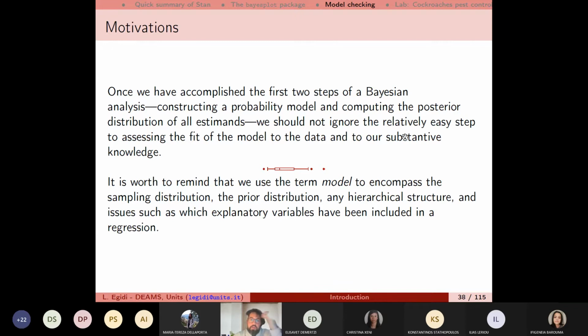This is a relatively easy step, because we have to assess the fit of the model to the data, and check whether our choices in terms of the prior and the likelihood were appropriate or not.